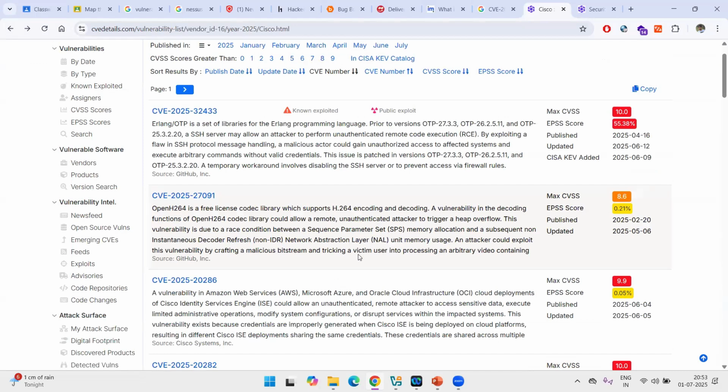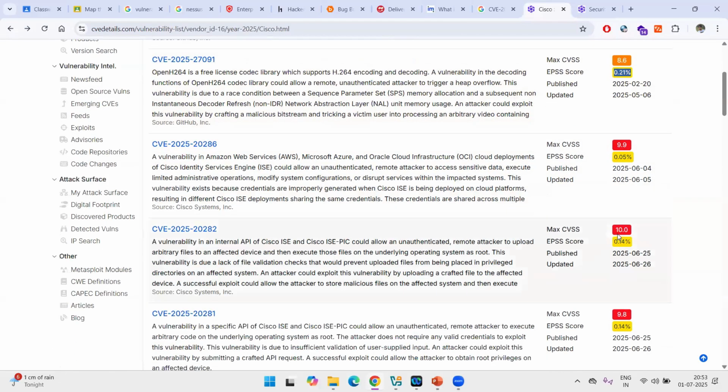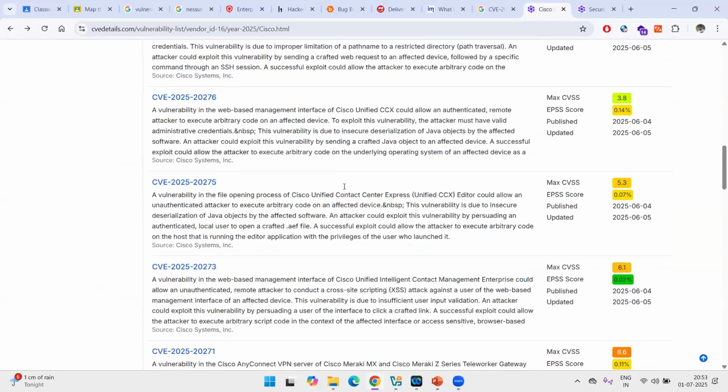If it is not disclosed to the public, we cannot, and that's where the EPSS score will be less. Say these are all 9.9 or 10, but they don't have exploit code available on the internet.